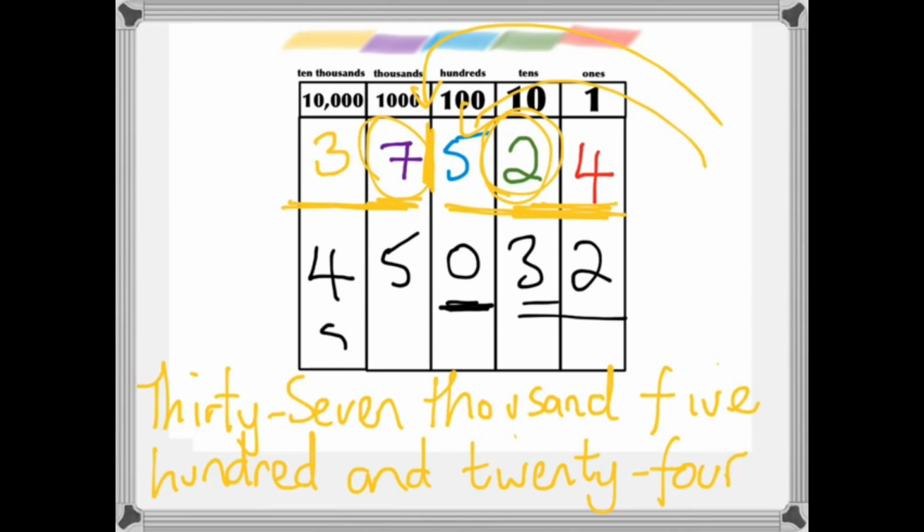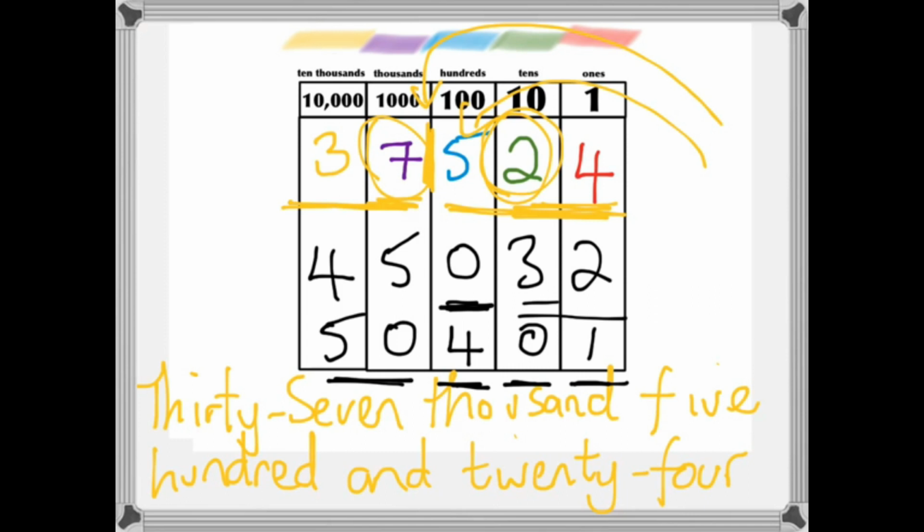If we have 50 there, that would be 50,400. We've got no tens. So 50,400 and 1. We can ignore it if it's a 0 and just skip on to the next one.